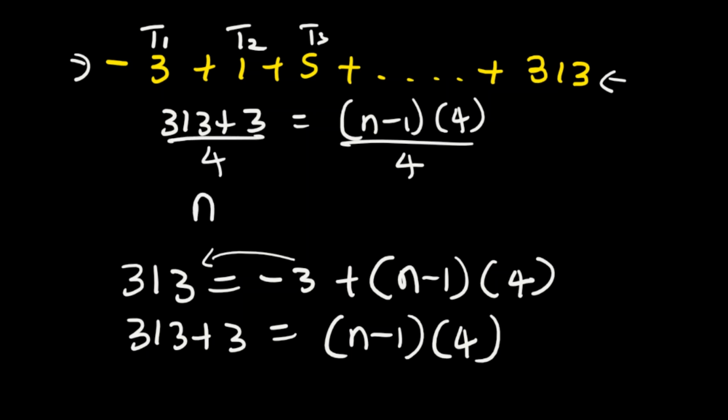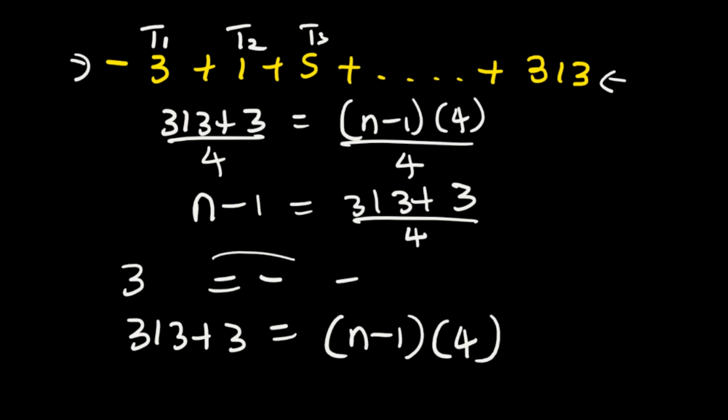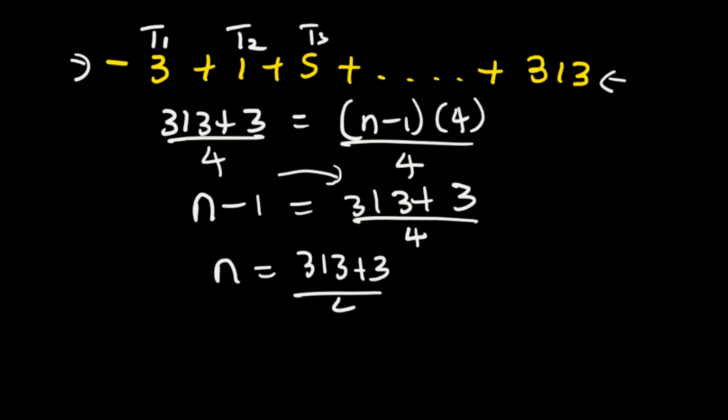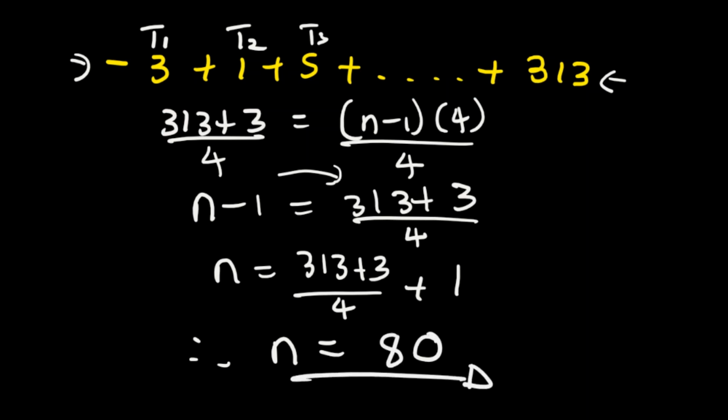We have n minus 1 equals (313 plus 3) all over 4. Then we transpose the minus 1 to the other side to find our value of n. So n equals (313 plus 3) over 4, plus 1. Therefore, when you punch your calculator, you will get the number of terms being equal to 80.